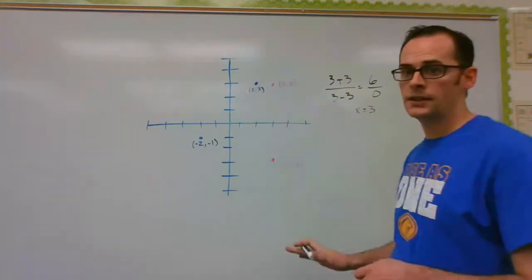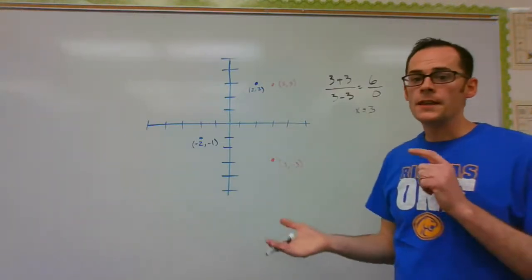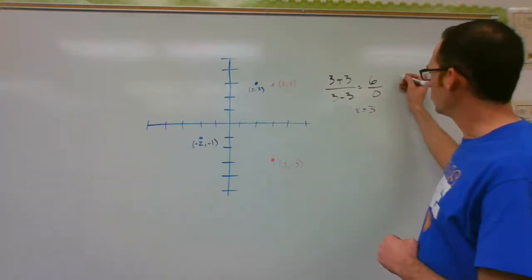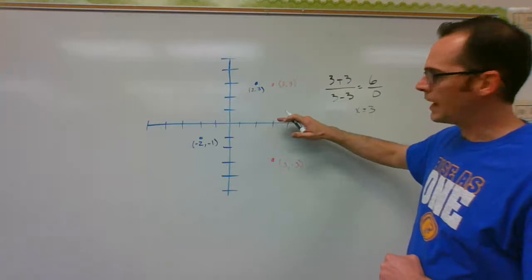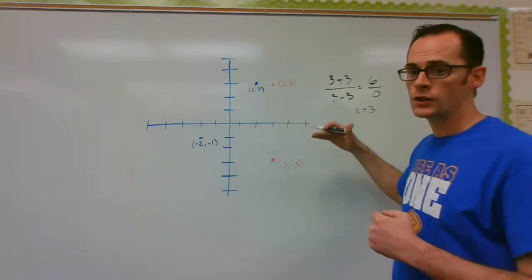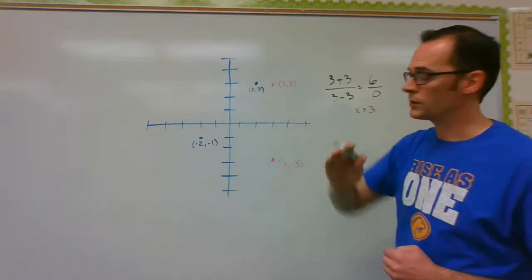It goes straight up and down, infinite. The opposite would also be true: our inverse would be horizontal. So we're going vertical and horizontal.